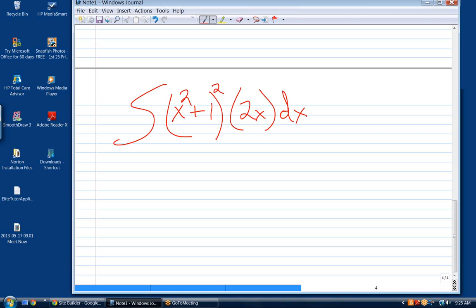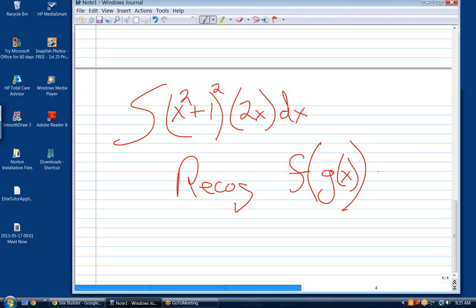And this is in the section that is called recognizing the f of g of x, g prime of x pattern. This is the classic case where we're going to need substitution.